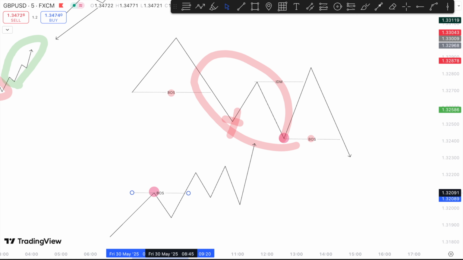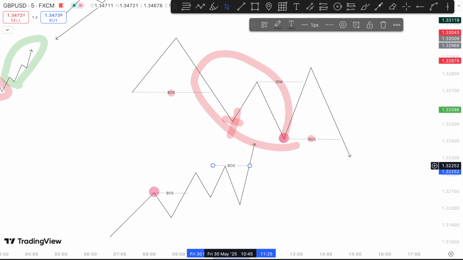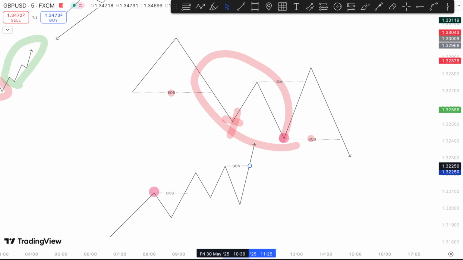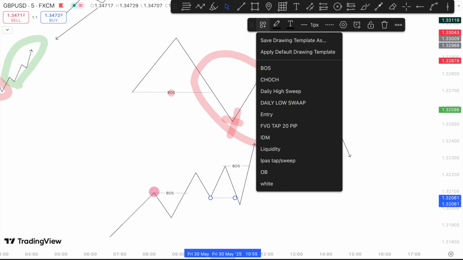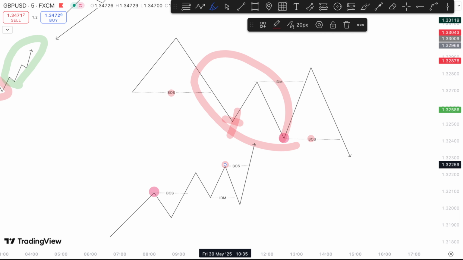This will be a break of structure, and your break of structure will be valid over here. Why, you would say? Because I already told you, inducement needs to be taken. After inducement is taken, then we can mark this as our new higher high.